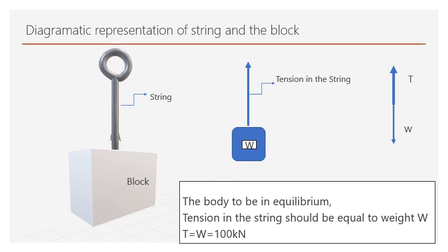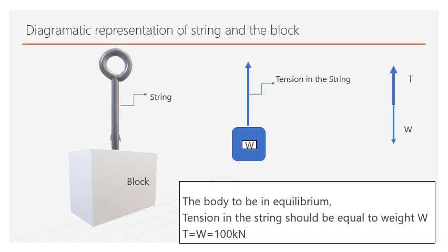A block is suspended through the string. We know that strings are subjected only to tensile forces. If I show the force W as a line diagram, we know that the weight always acts vertically downwards. Tension means it acts away from the body. So there are two forces now, T and W.